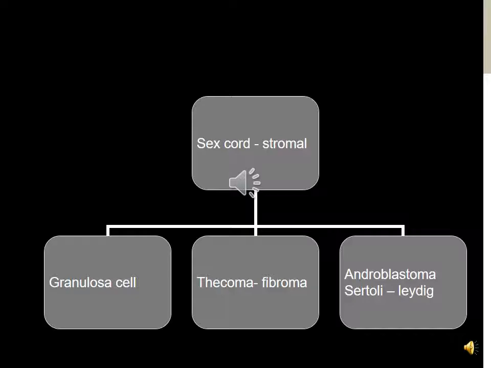Some of them, or almost all of them, are hormone secreting, like the granulosa cell tumor which secretes estrogen, while the arrhenoblastoma or androblastoma secretes androgen, as we will see later in the other parts of the slides.